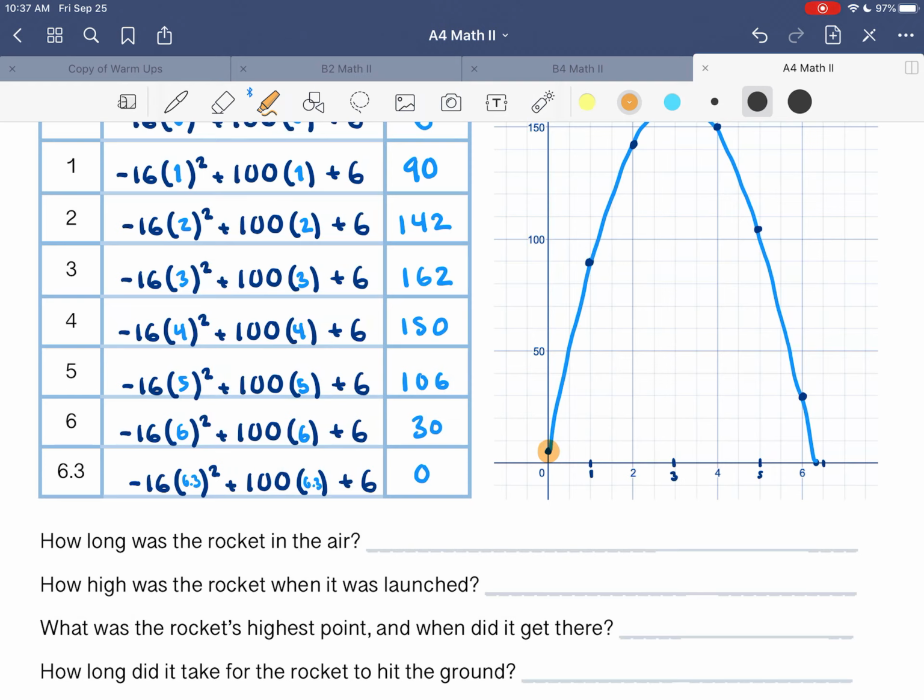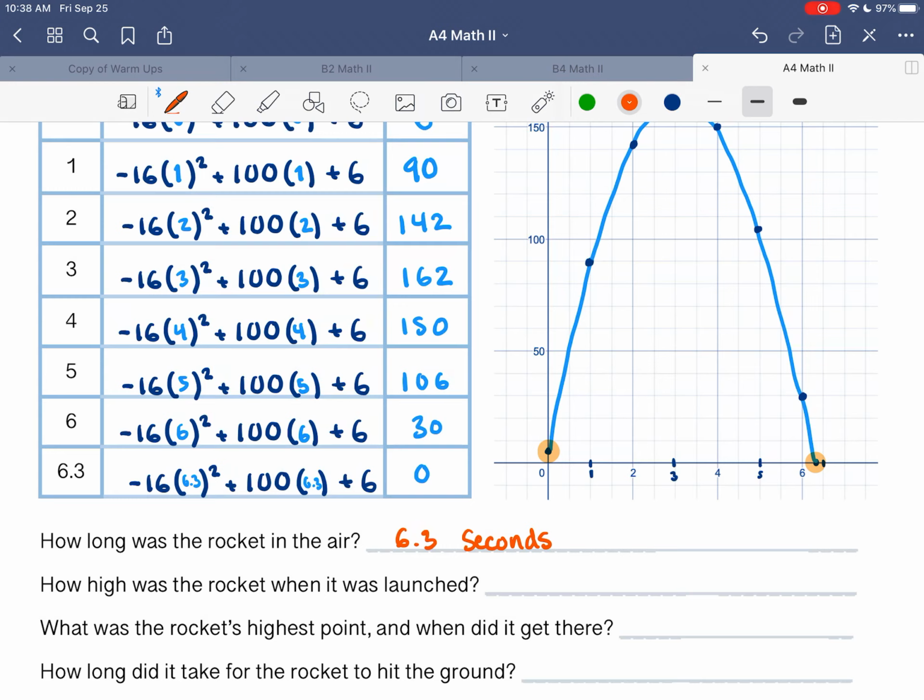Starts at time 0, and then it hits the ground again, which is height 0, right? That means it hits the ground at 6.3-ish, pretty close. So the answer to that question will be, it was in the air for 6.3 seconds. Because our measurement of time is in seconds.